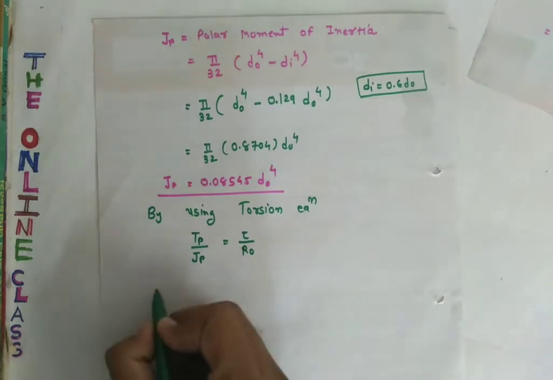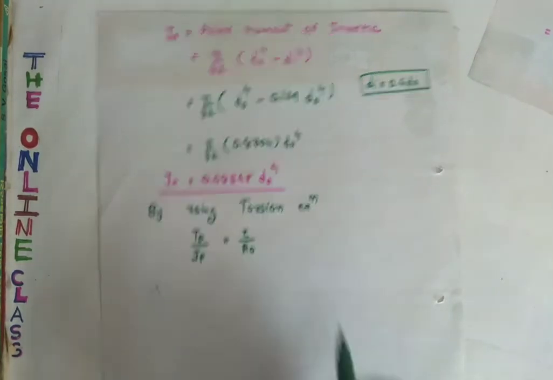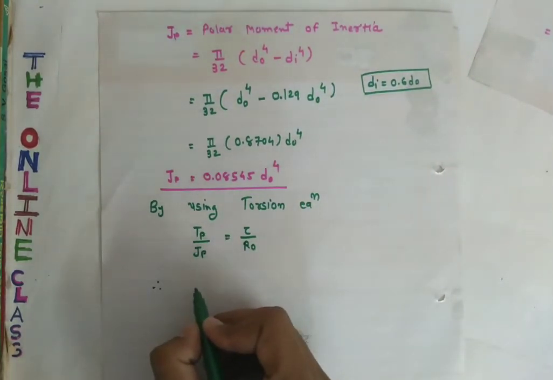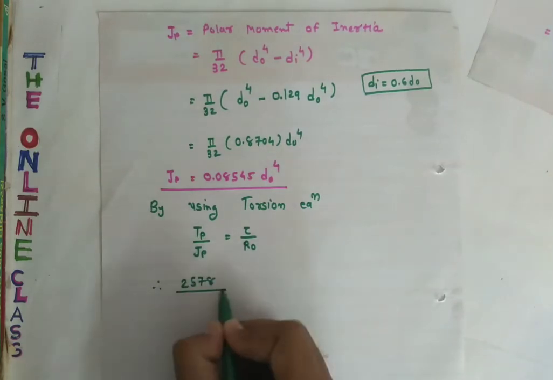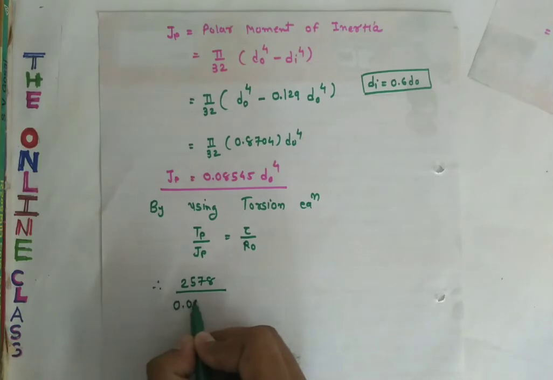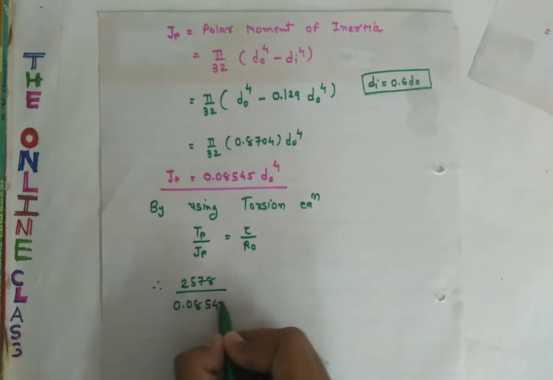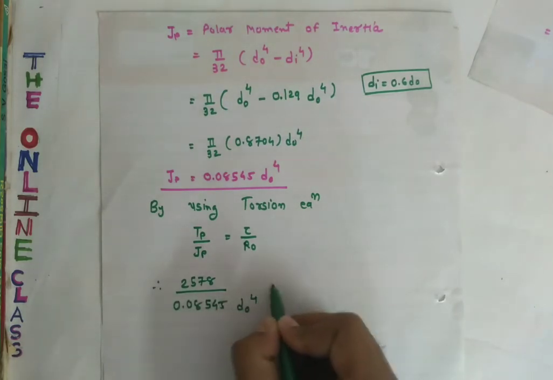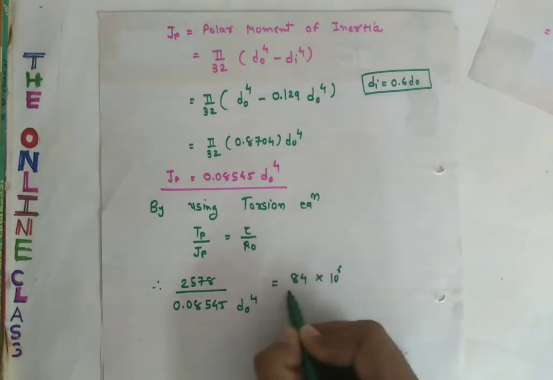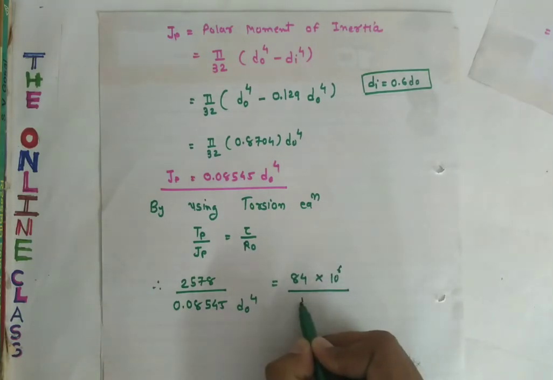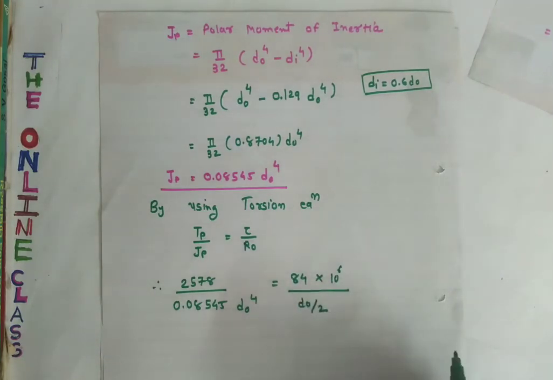Put the value of TP, JP, tau and RO. TP is 2578, JP is 0.08545 DO raised to 4, tau is 84 into 10 raised to 6, and RO is DO divided by 2.